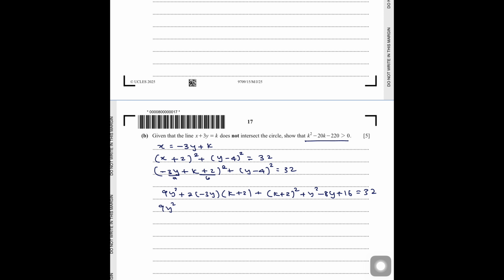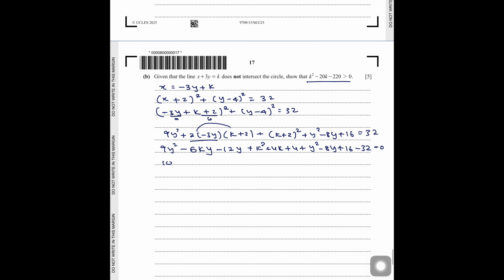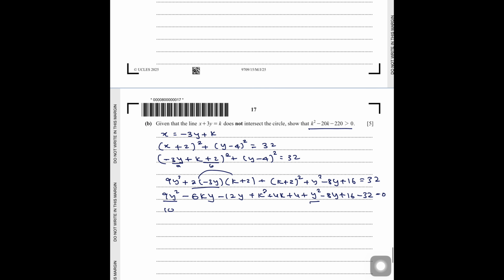9y squared. Now that's negative 6y times k, negative 6ky. Negative 6y times 2, negative 12y. Right? Plus k squared plus 4k plus 4 plus y squared minus 8y plus 16 minus 32 equals 0. So I get 9y squared plus y squared, 10y squared.